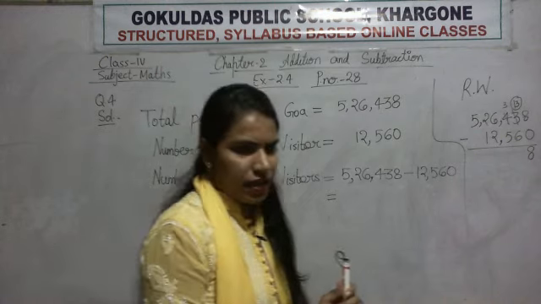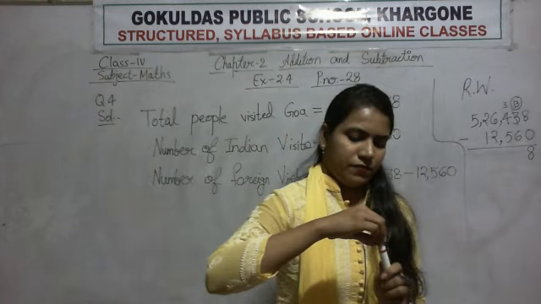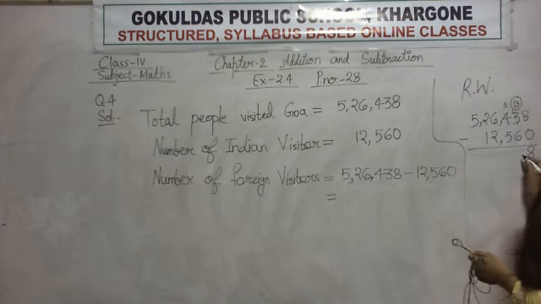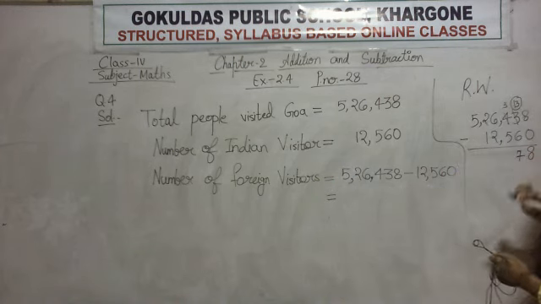Seven, right? 7 is left. When you subtract, how many are left? 7 is left over here.